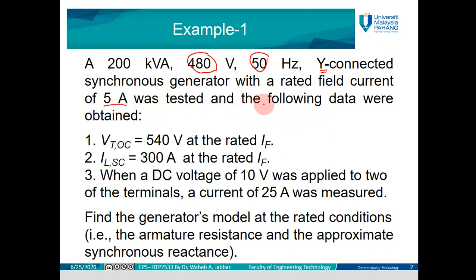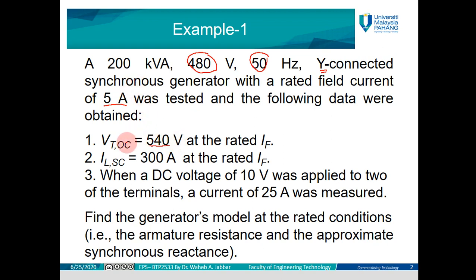It was tested and the following data were obtained. From the open circuit test, we have VT open circuit, which is 540 volt. Open circuit test means we run the synchronous generator without any load.